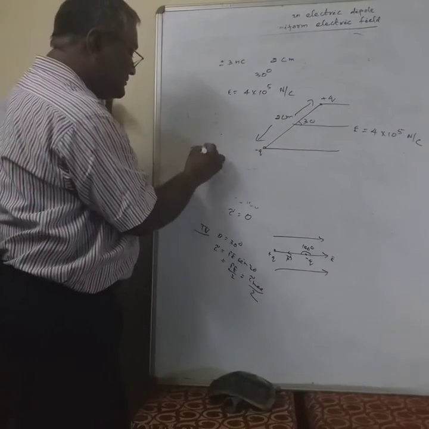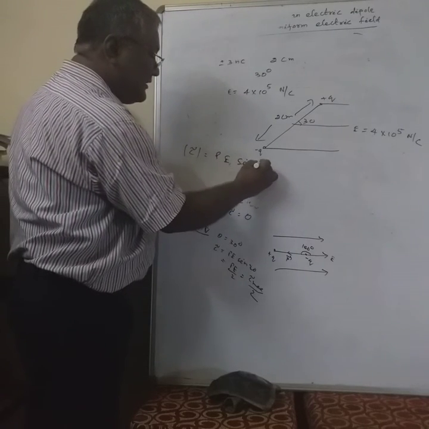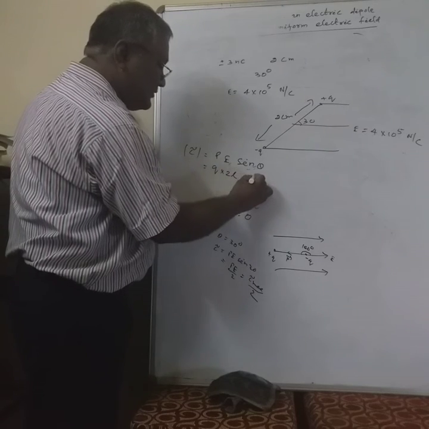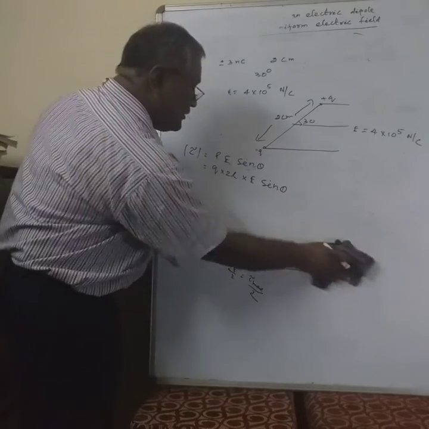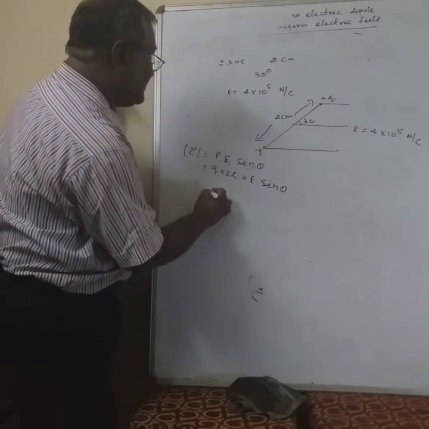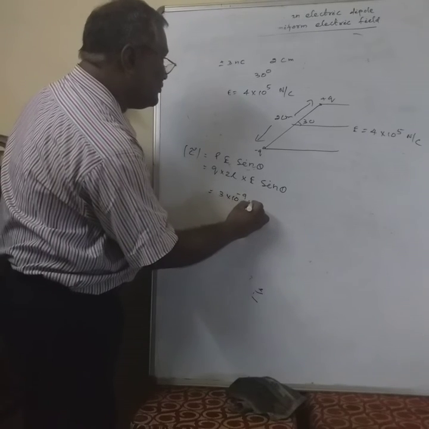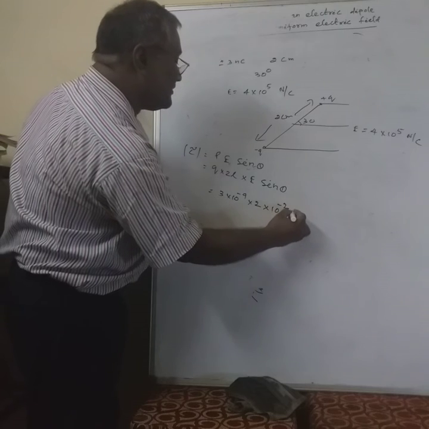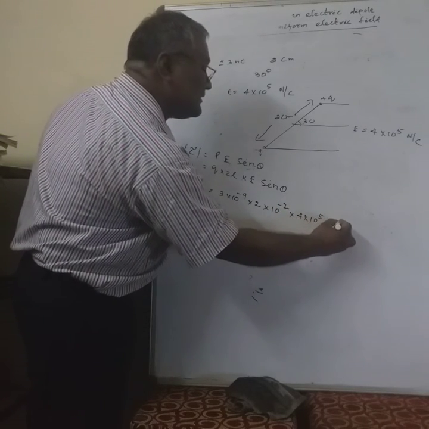The magnitude of torque is PE sin theta. P is equal to q into 2l, into E into sin theta. Then what will be the value? Charge is 3 nanocoulomb, 10 to the power minus 9. 2l is 2 centimeter, converted into meter, 10 to the power minus 2 meter, into E is 4 into 10 to the power 5, into sin theta is half.